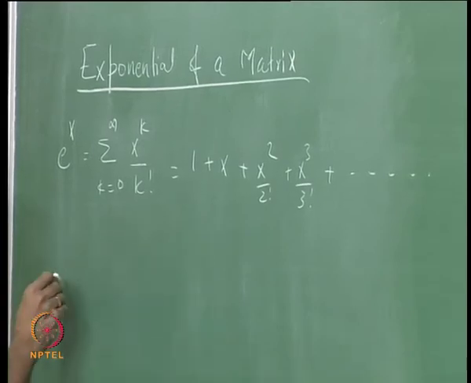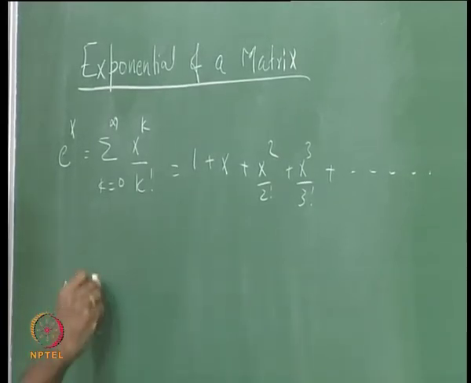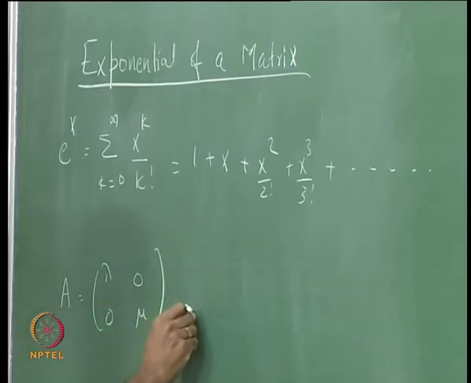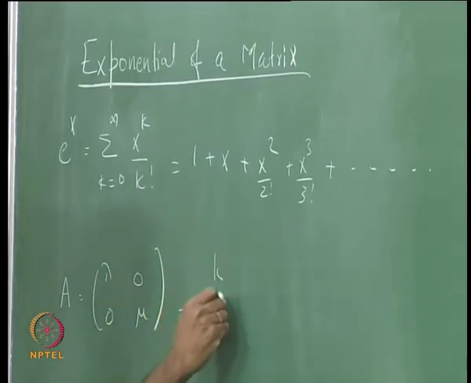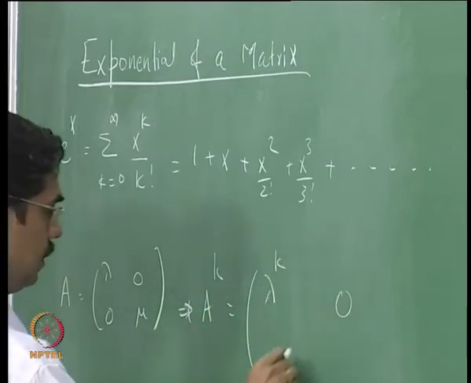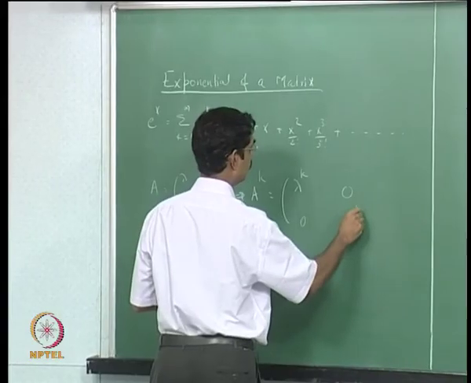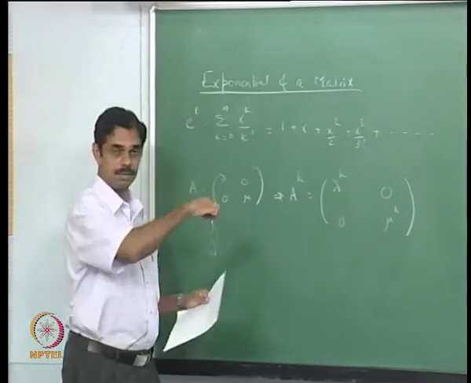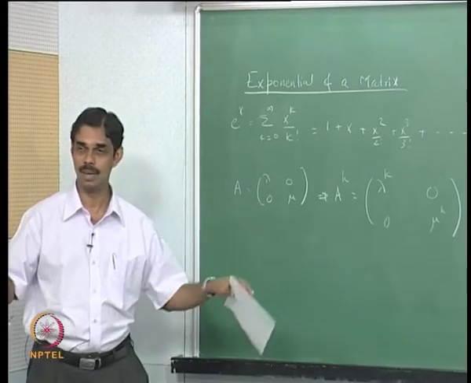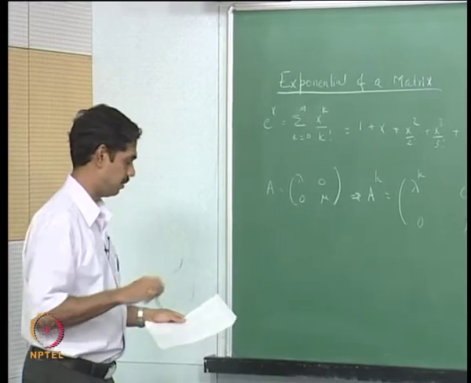So if A equals lambda 0 0 mu, then A power k would be equal to lambda power k 0 0 mu power k. This you can multiply out and see, or prove by induction, or whichever way you want.